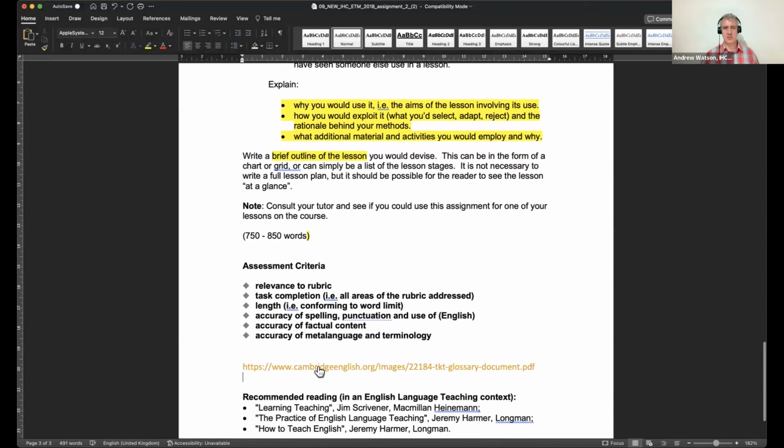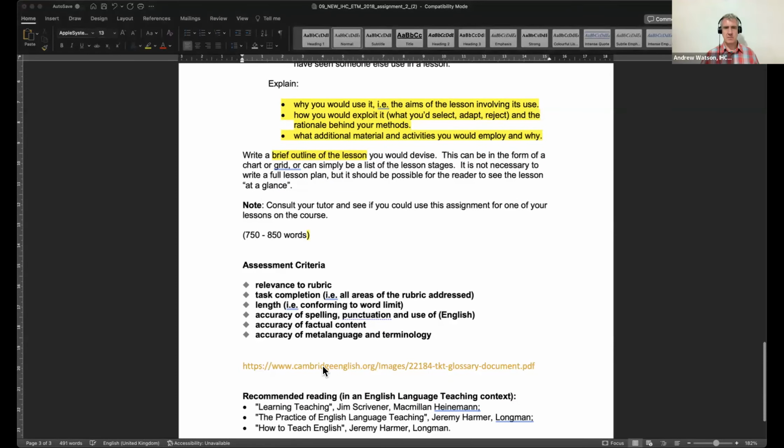Well, you can refer to the glossary for any doubts about meta-language and terminology. But briefly, any idea what meta-language means? I don't remember.